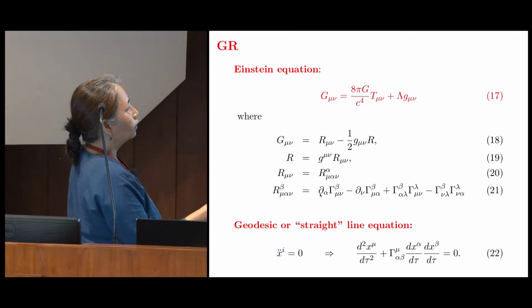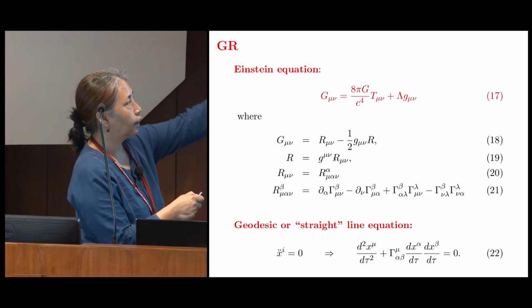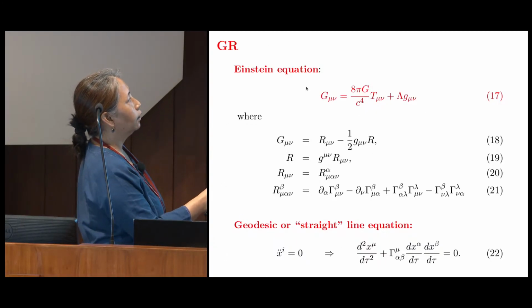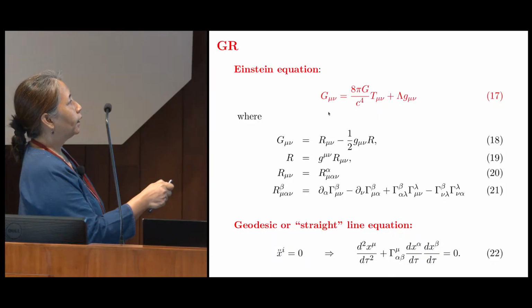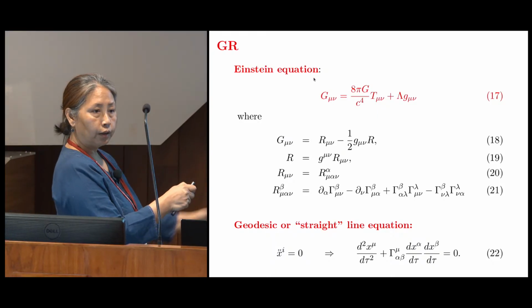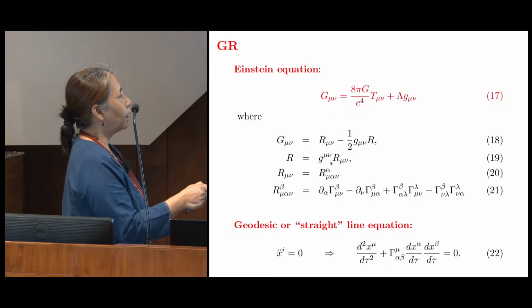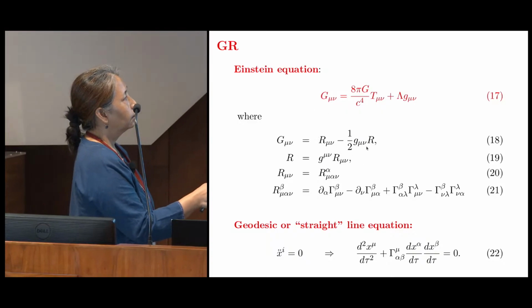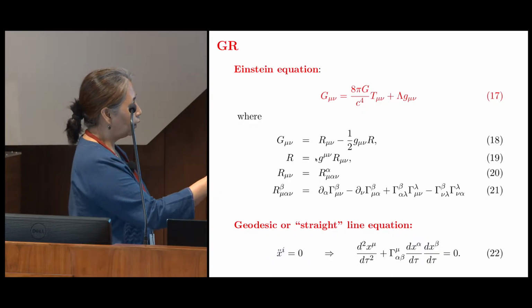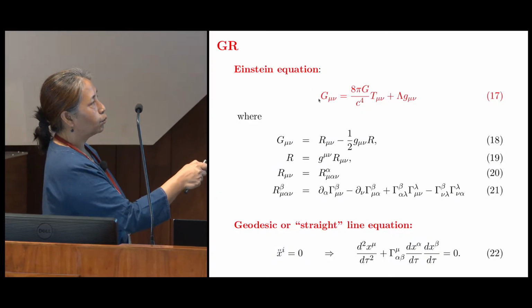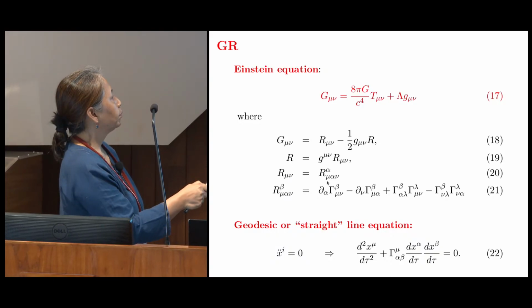Now, for the completeness of the definition, I have written down the terms which appear in the Einstein equation. The left hand side is purely the geometry of the curved space. It is given in terms of the R mu nu tensor, the Ricci tensor, plus or minus the Ricci scalar, and the Ricci scalar is defined in this way, contracted with G mu nu.